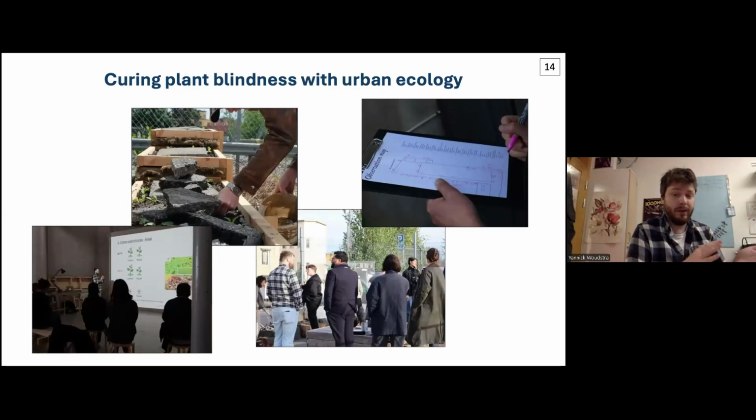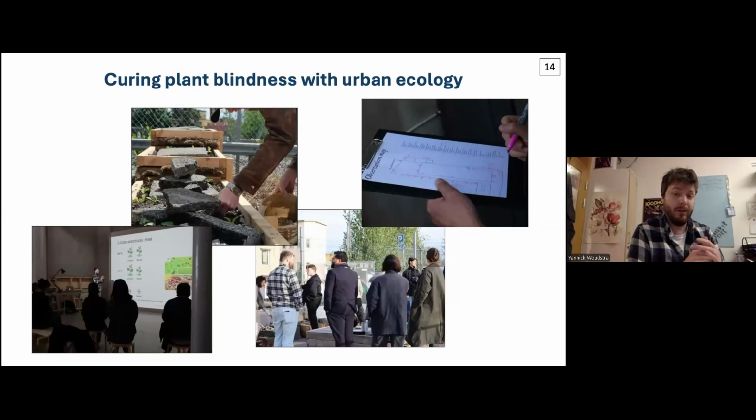The highlight so far has been the production of a little ruderal garden in the parking spots of the Contemporary Art Museum where we do this project. There we literally cut open the asphalt, exposing the soil that was beneath it, and we just let the plants and the animals come in. The public came over and helped us build a garden from recycled materials that we found in the area, and then we just let nature run its course.